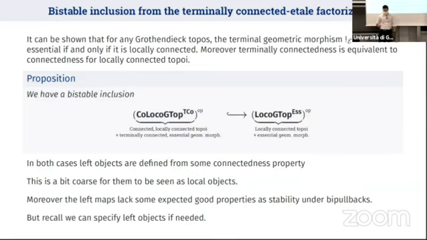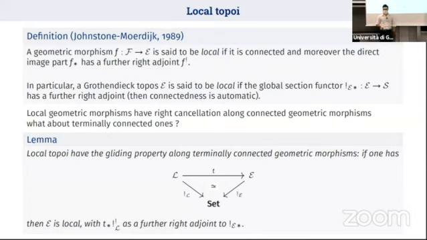But I am not very satisfied with those inclusions, because in those situations, left objects are defined by some connectedness property, which is a bit too coarse regarding what you would expect for local objects. But recall that you can specify the objects you want as left objects. I would say the good notion I would like to use is the notion of local topos.